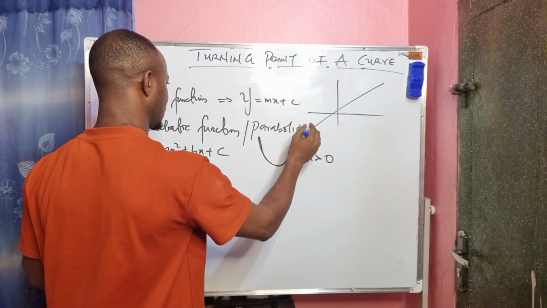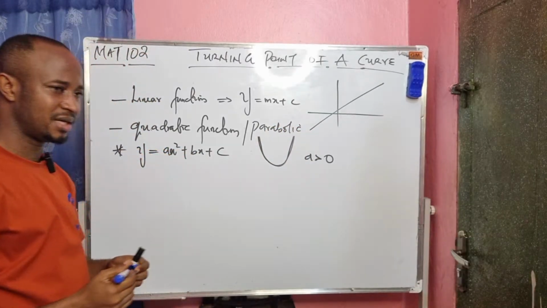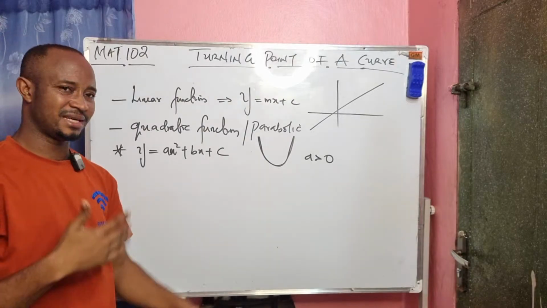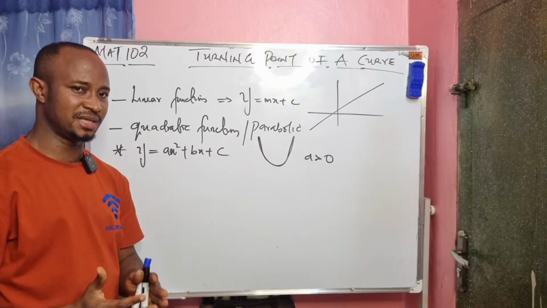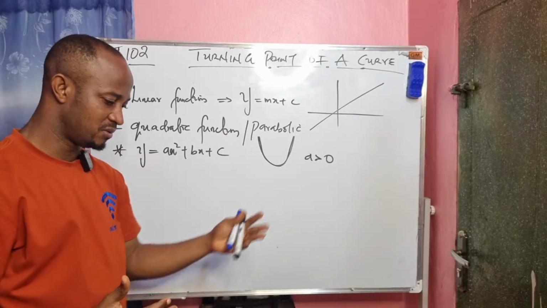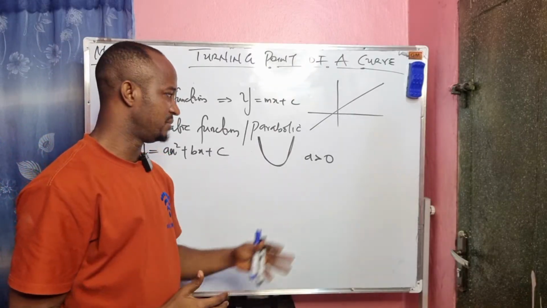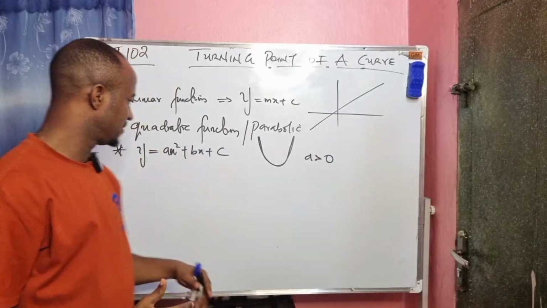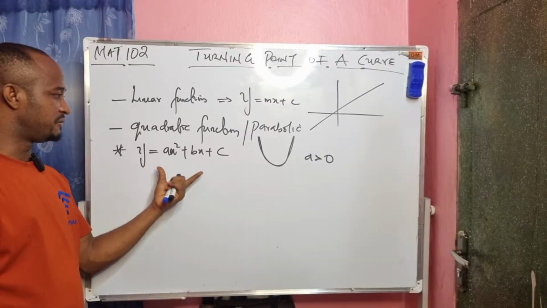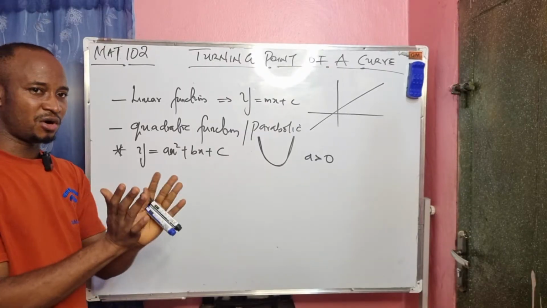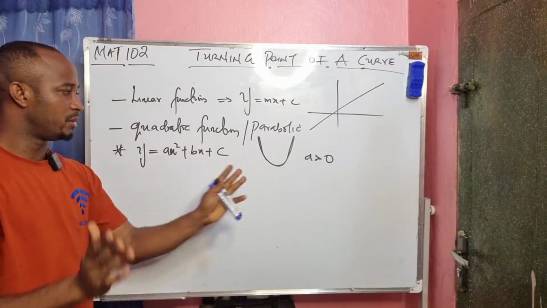A parabolic graph. So whenever a is greater than 0, meaning that the value of a is positive, any number greater than 0 must be positive values, meaning 1, 2, 3, 4, 5. So the general form of this kind of function must be a curve that opens upward.